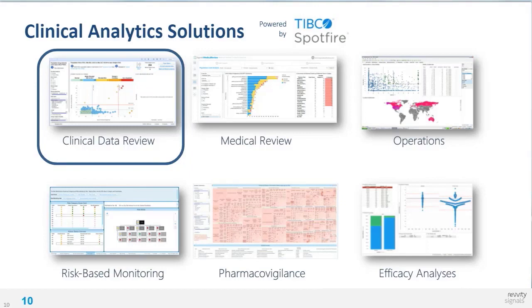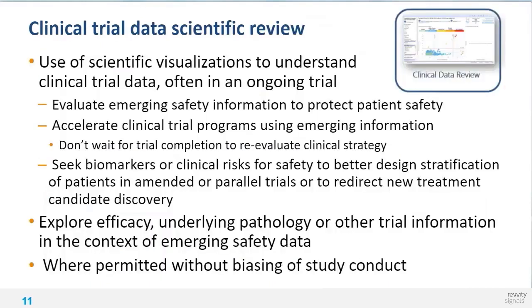I'm not going to talk a lot about the aggregation of the CRF adverse event data from the electronic database into the Spotfire tool so that these analyses are available. But the point is to take a look at the use of these scientific visualizations.